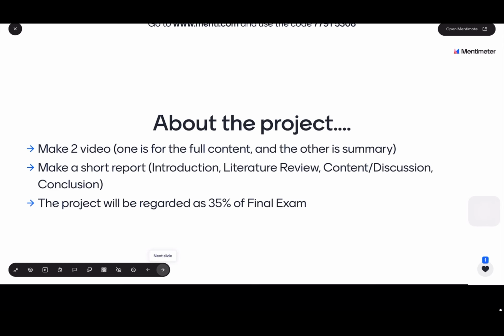And maybe you can screen record your PPT if you want, or maybe you can make some short animations. I don't think advanced animations are really needed. Well, if you could, you can, but I'm not expecting that.